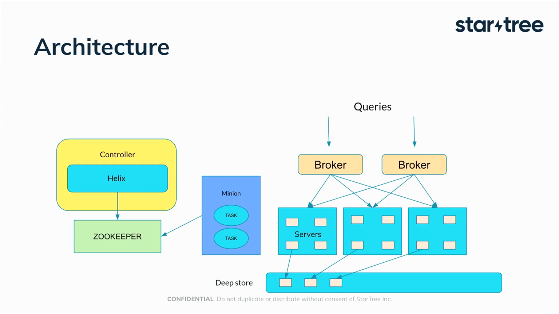So Minion is a new component that we only recently introduced. There are a lot of ad hoc tasks which happen in Pinot servers. Some of those tasks could be merging some old segments together because you don't want duplicate data across the servers, or you don't want a lot of files polluting your directories.